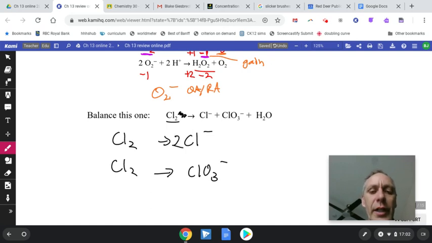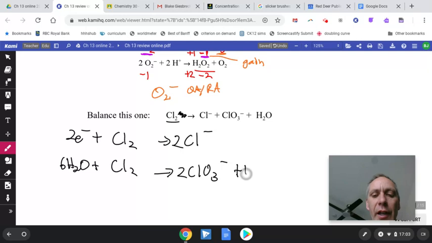So 2 chlorides, 2 chlorines, 2 electrons. Okay, 2 chlorine, 6 oxygen, 6 waters to give me my 6 oxygen, 12 hydrogens. Okay, charges are tricky. Everything's 0 on the left.